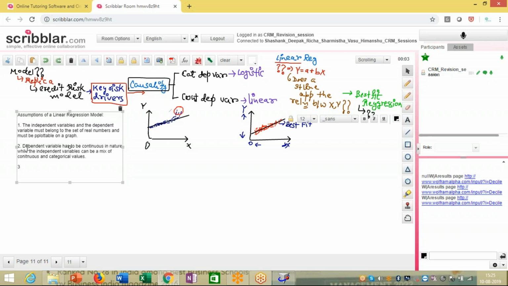Okay. So the third is the independent variables must be non-stochastic.